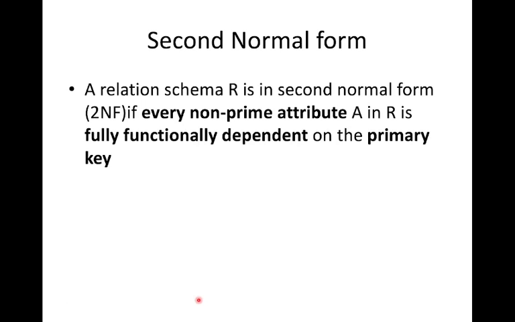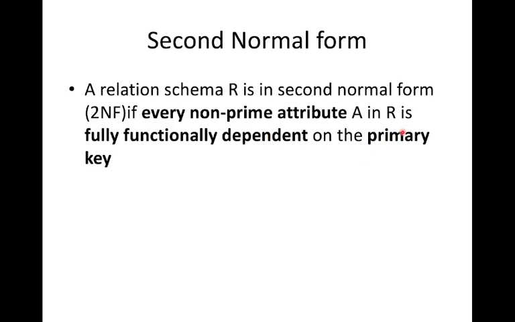Now we will see what second normal form is. A relation schema R is in second normal form if every non-prime attribute A in R is fully functionally dependent on the primary key. You have to remember that a prime attribute means all the attributes that are part of the primary key.